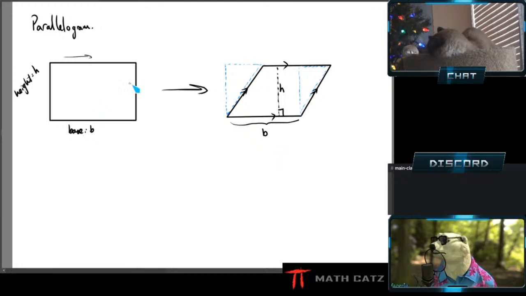Because of the deformation or the correspondence to this rectangle. So that's why we don't call it a side length for the parallelogram. It's the height. It's the distance between the base and its corresponding opposite side, which is parallel.